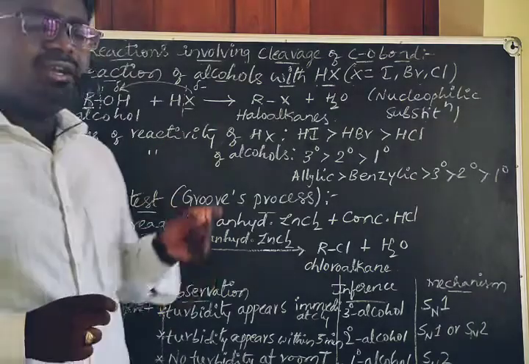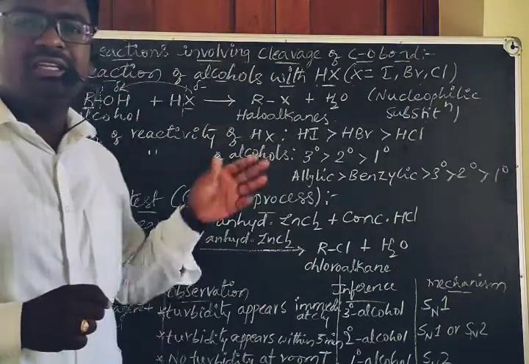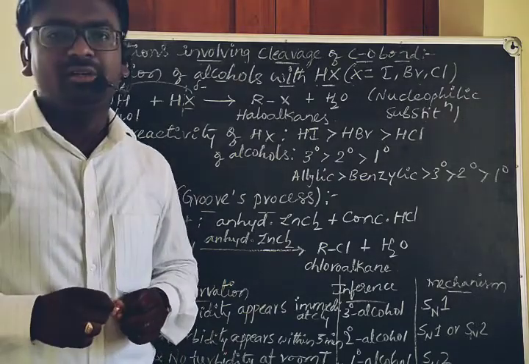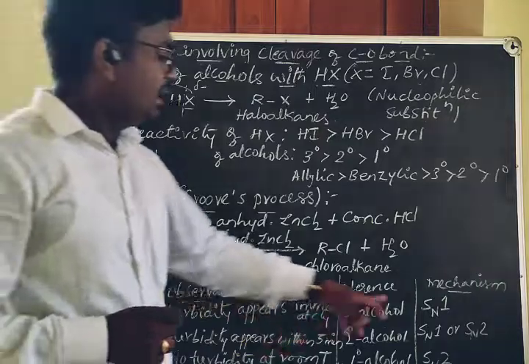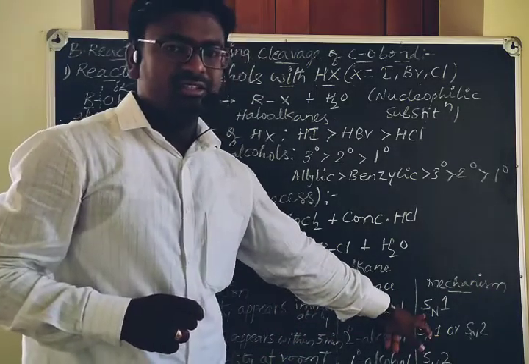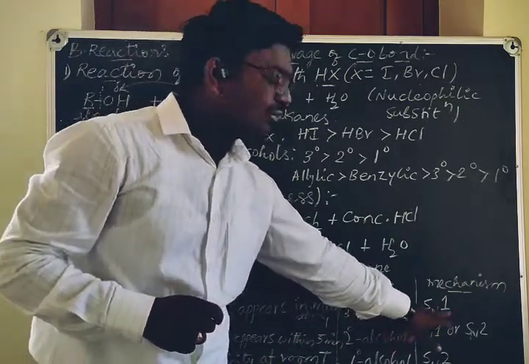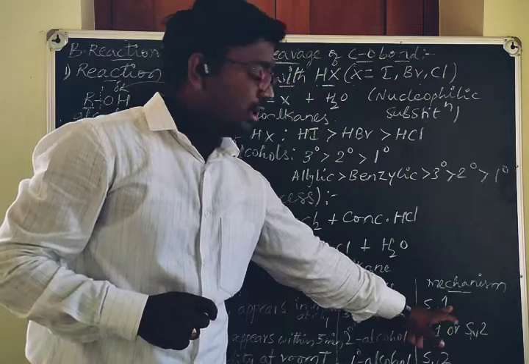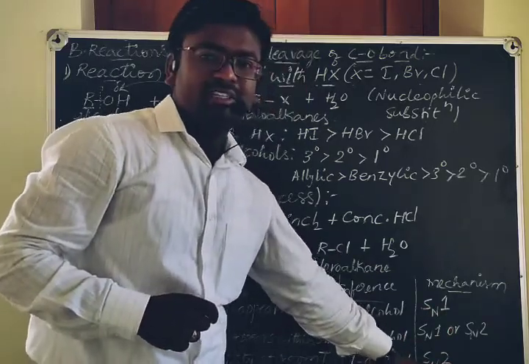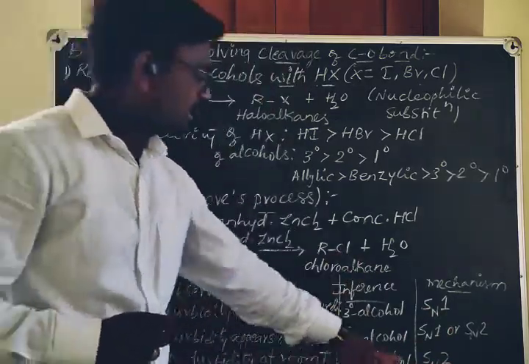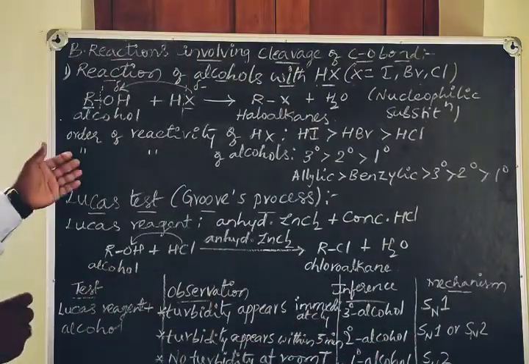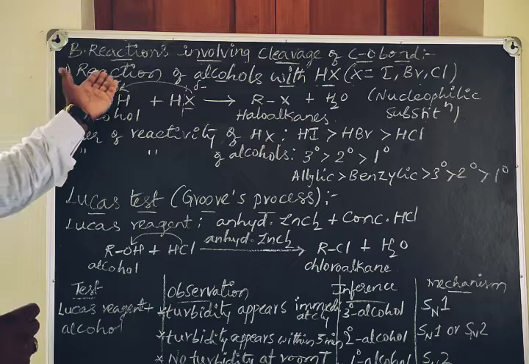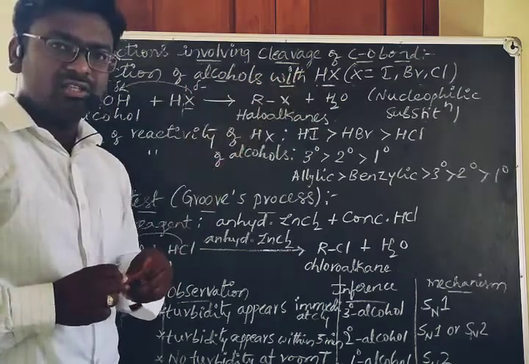About the SN1 and SN2 mechanisms, you have studied in the previous chapter, haloalkanes and haloarenes. SN1 takes place in 2 steps and is a first order reaction, and SN2 takes place in 1 step and is a second order reaction. Here we are discussing the reaction of alcohols with hydrogen halides.